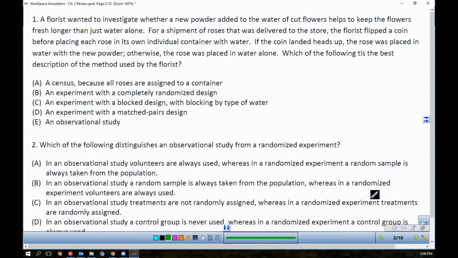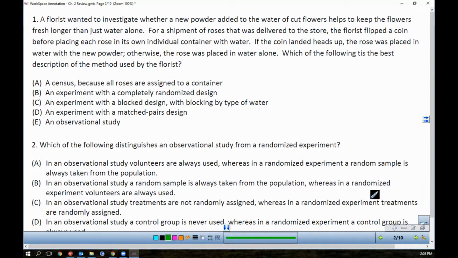So 1, a florist wanted to investigate whether a new powder added to the water of cut flowers helps to keep the flowers fresh longer than just water alone. For a shipment of roses that was delivered to the store, the florist flipped a coin before placing each rose in its individual container with water.